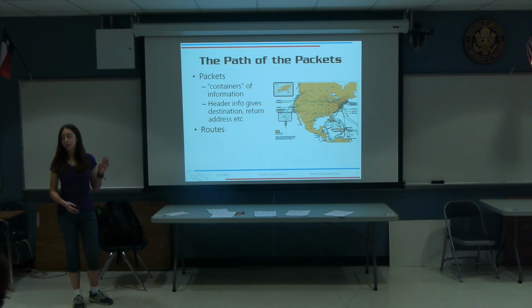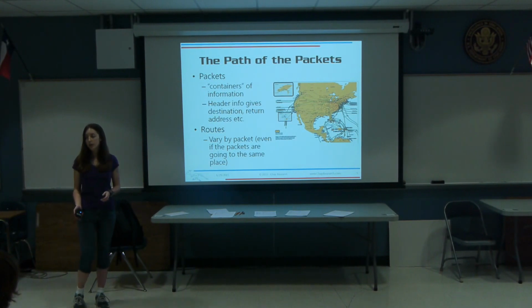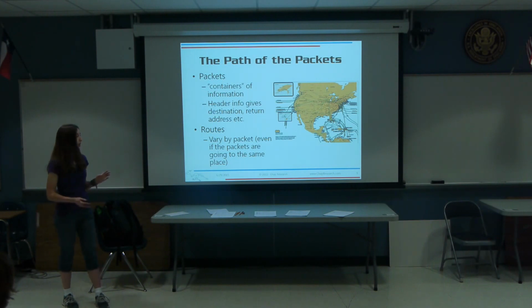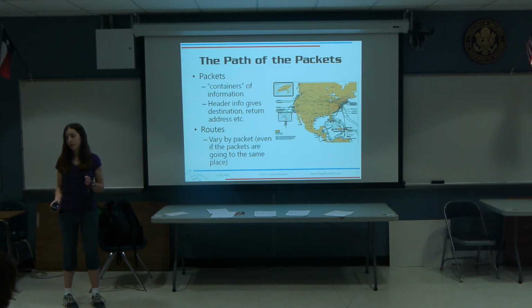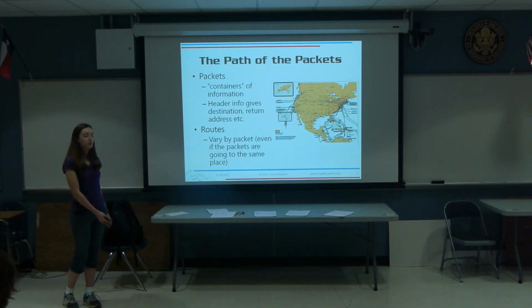But they all have to agree to follow these protocols for anything to work. Because the packets can take any sort of route to get to their destination. And so it'll avoid some area that's congested, stuff like that, so that it gets there as fast as possible. And then also, since it can go any route to your destination, it doesn't matter if one or two servers are down somewhere. So the moral of the story is it's amazing that it works at all, and you should be proud of your internet.